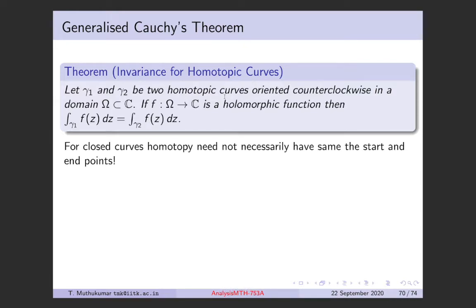So for closed curves, the homotopy definition does not necessarily need the same start and end points. When we say two curves are homotopic, we don't necessarily mean that gamma 1 and gamma 2 have the same start and end point. That is also included, but you can also have gamma 1 and gamma 2 like concentric circles. It's a loop, so you need a closed curve. Once you have two closed curves, you can talk of homotopy between them.